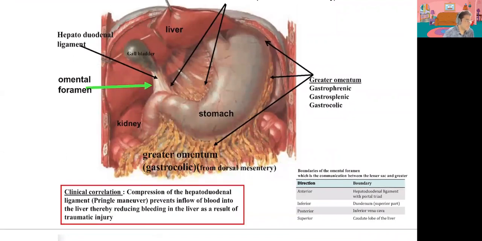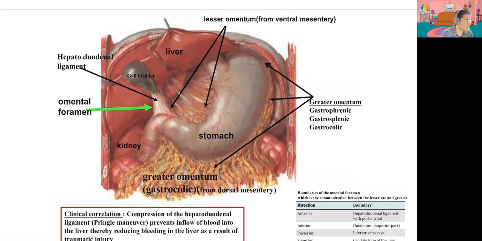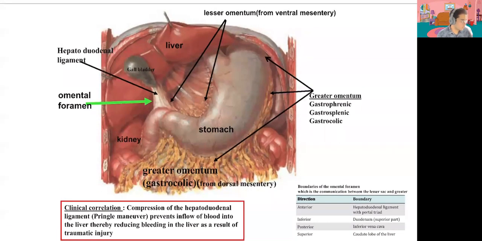Okay, tell me guys, what's another name for the omental foramen? There you go. Foramen of Winslow. Sounds like one of the dukes of the British royalty, the foramen of Winslow. The omental foramen is an access point to what?